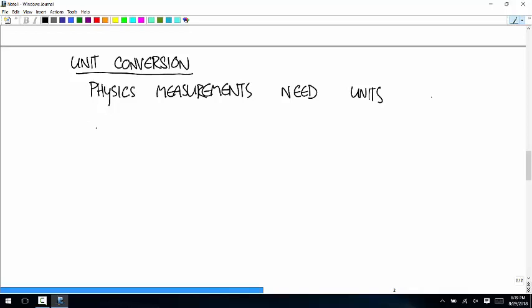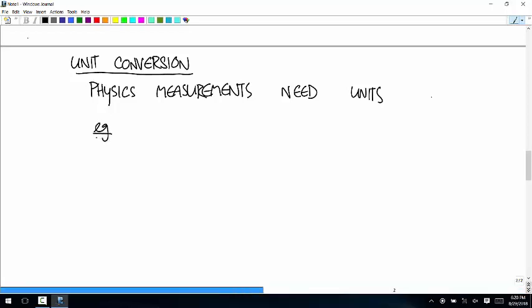For example, if someone asks you how far is it to the store, and you say 6, that doesn't do any good, 6 could mean a lot of things. You have to associate that with meters. You'd be really close to the store. They should probably see it if they're 6 meters away, or it could be 6 miles.